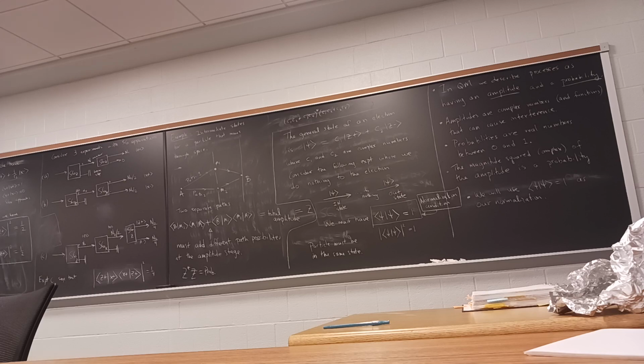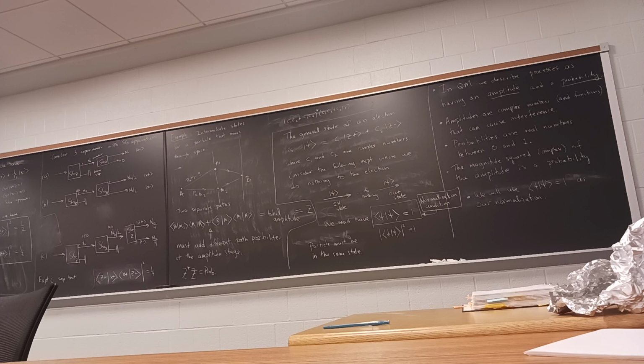Okay, so when we wrote that Z plus was an equal admixture of X plus and X minus, and the inner product of Z plus with itself equals 1, this is our normalization.